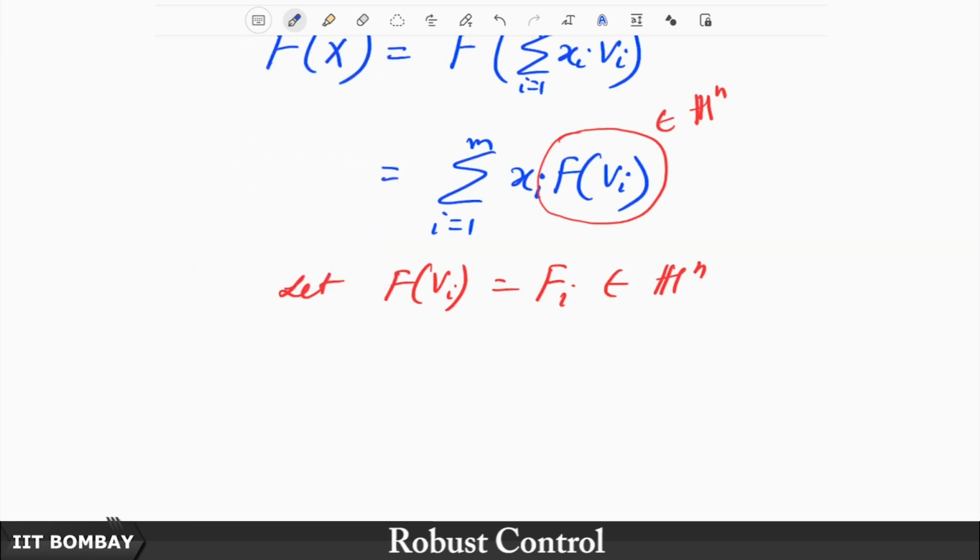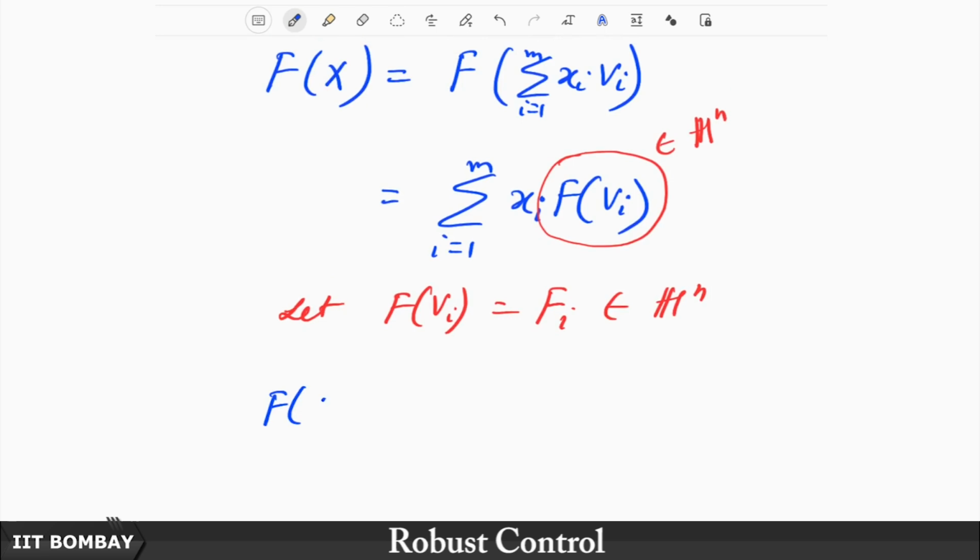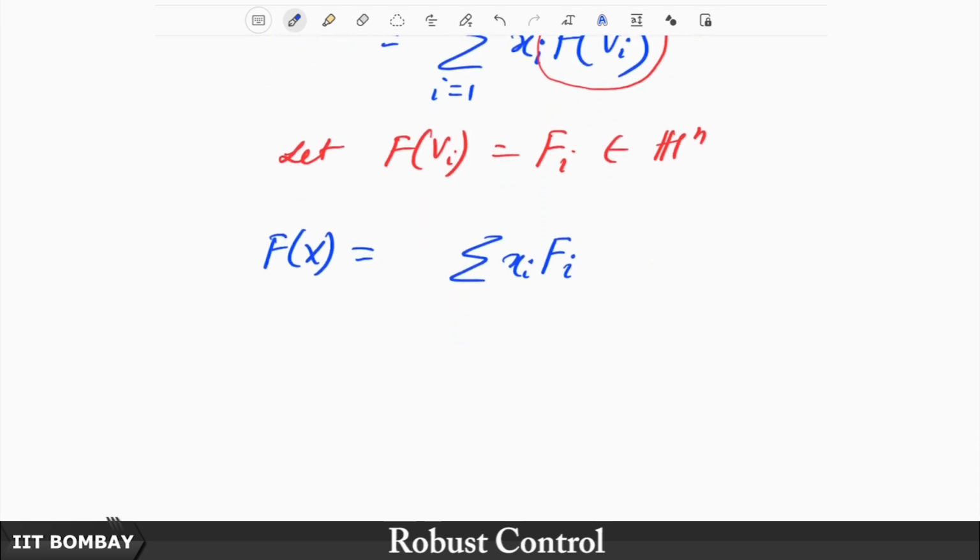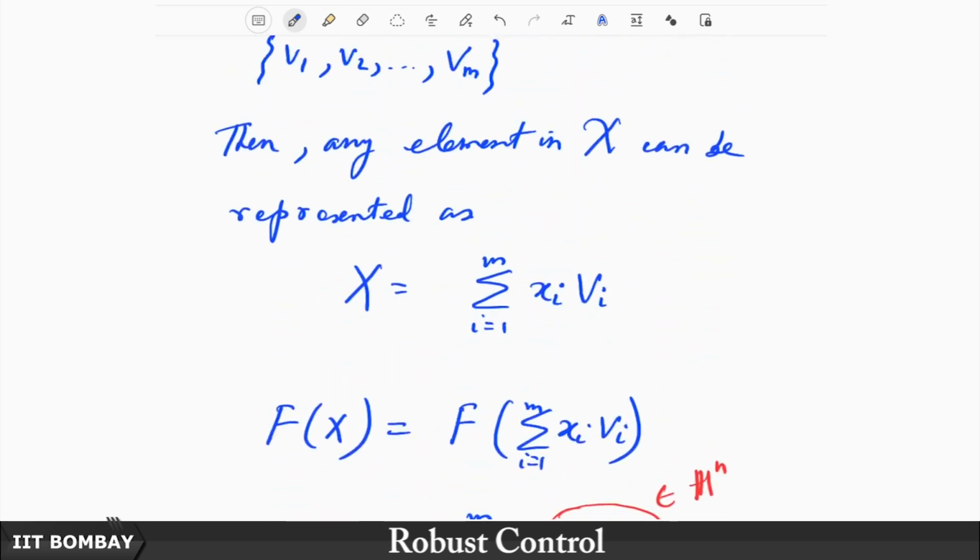Then we can say that f of x is nothing but summation xi Fi, right, where each individual Fi is a Hermitian matrix.